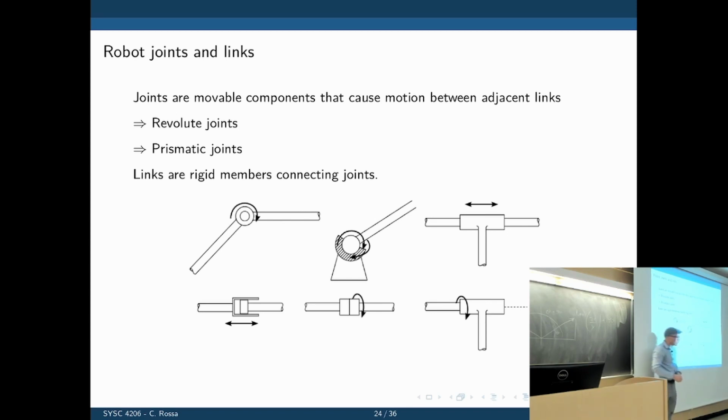What kind is this one here? Simply 2 shafts that rotate with respect to one another. So is that prismatic or revolute? It's a revolute joint again. And the last one is again a revolute joint, 2 axes that rotate with respect to one another.